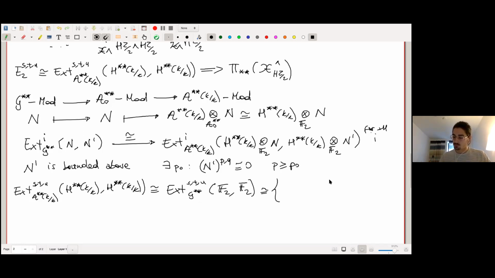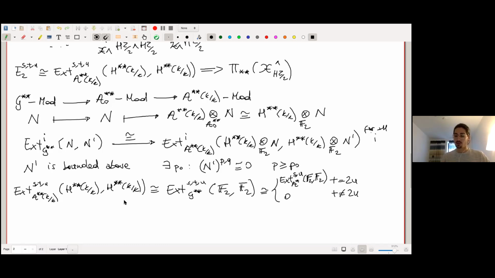So for T equal to 2U, we get just X SU A star F2, and then 0 otherwise. Where A star is the usual topological Steenrod algebra.